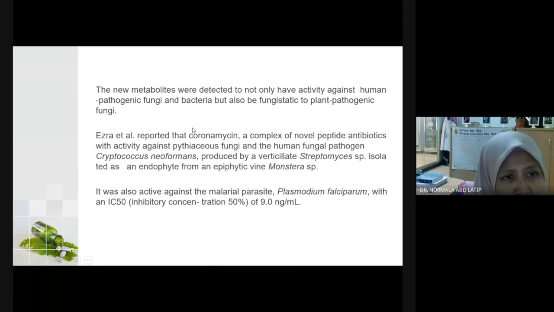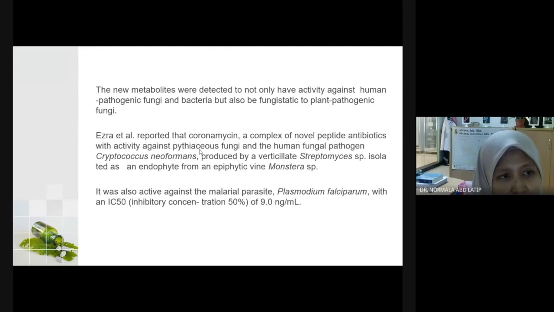The new metabolites were detected to not only have activity against human pathogenic fungi and bacteria, but they also have the properties of being fungistatic to plant pathogenic fungi.